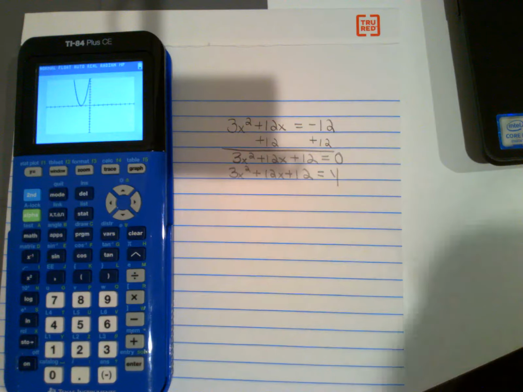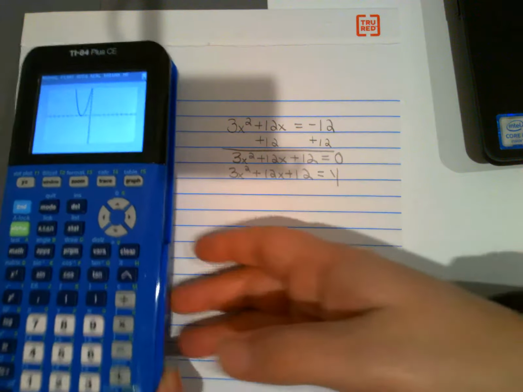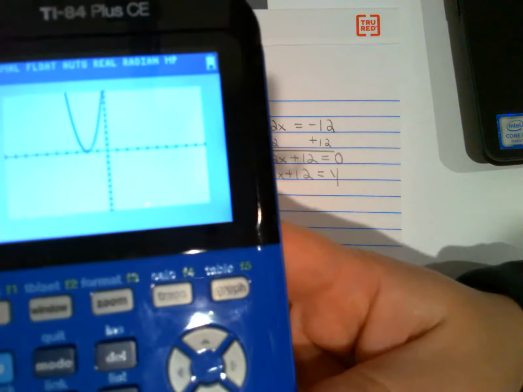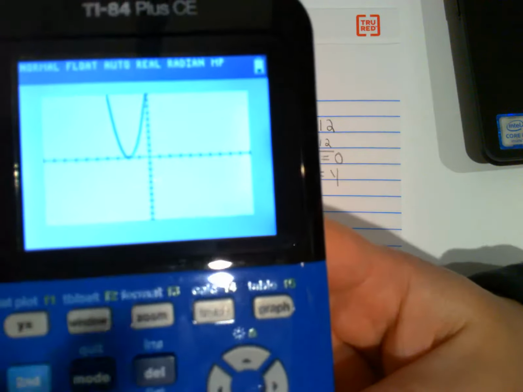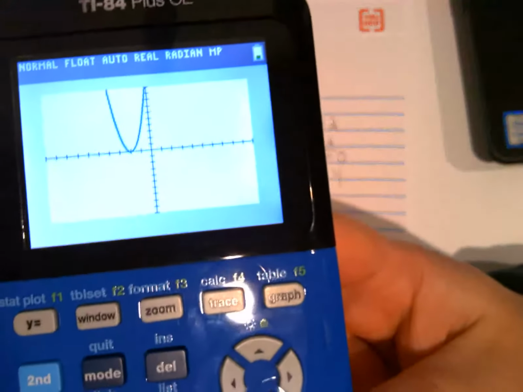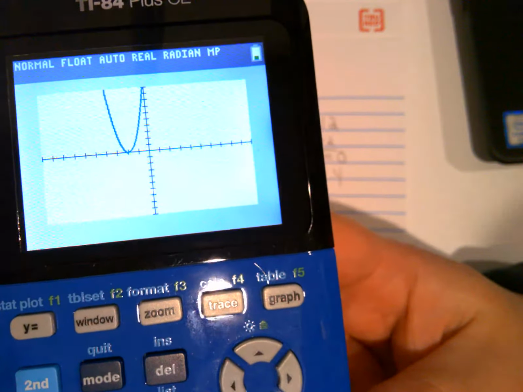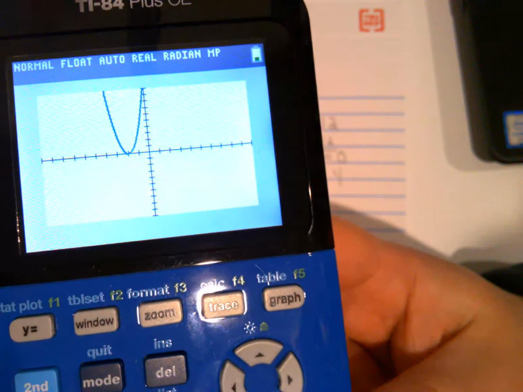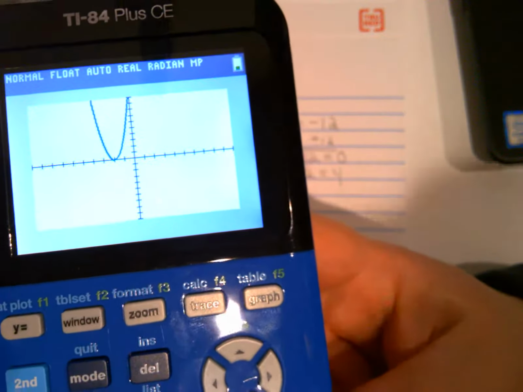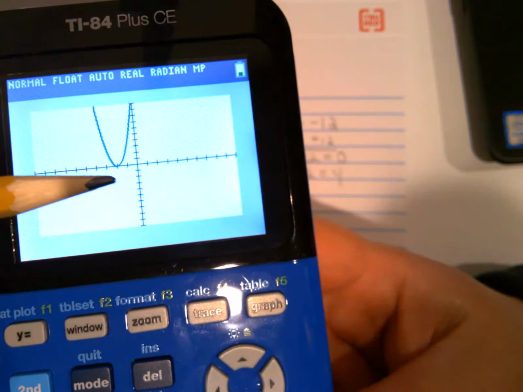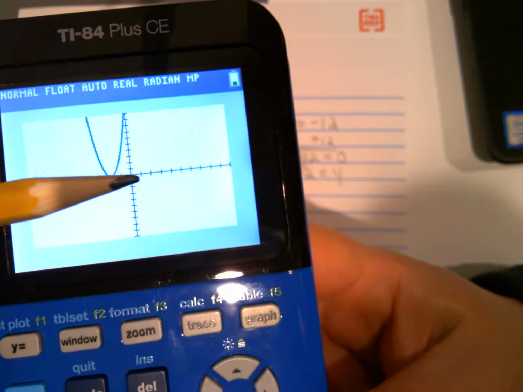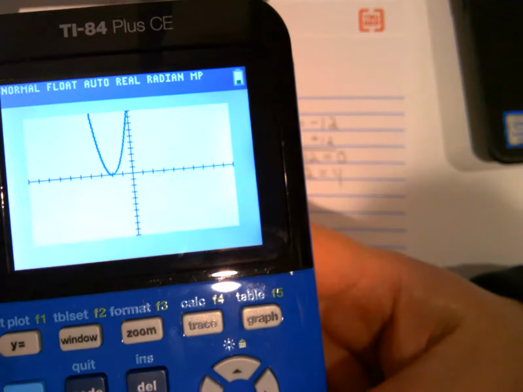And this one, it's a little hard to see, but if you look at that, and let me pull it up here and focus it in a little bit. All right, now this one, it does hit that x-axis, barely, but it does. And it looks like where it hits that x-axis, it's just going to be the vertex, and it is at -2 on that x-axis.